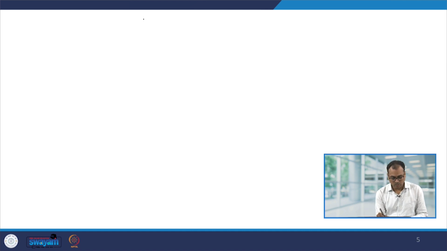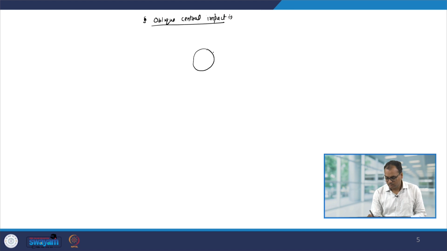Then we look at the oblique central impact. So, herein we have, let us say, two bodies, and the line of impact is this. Okay.